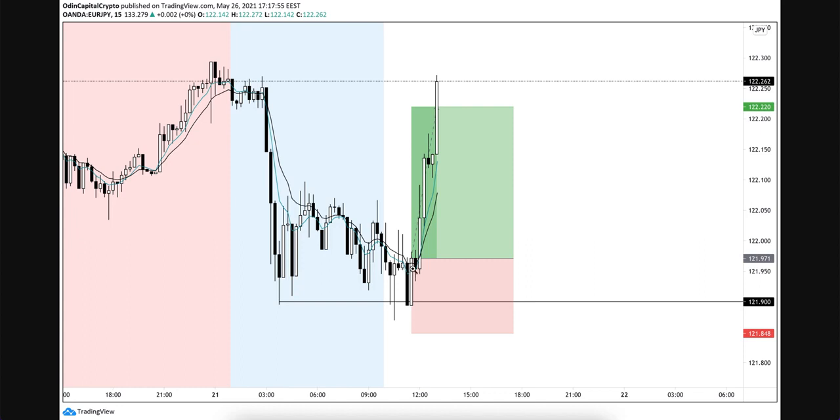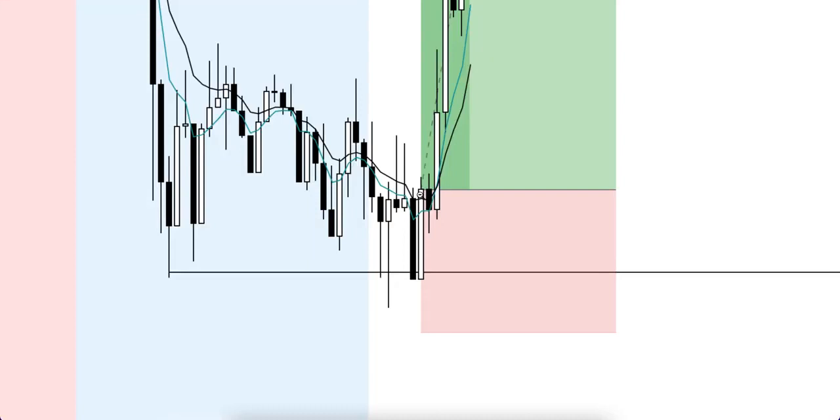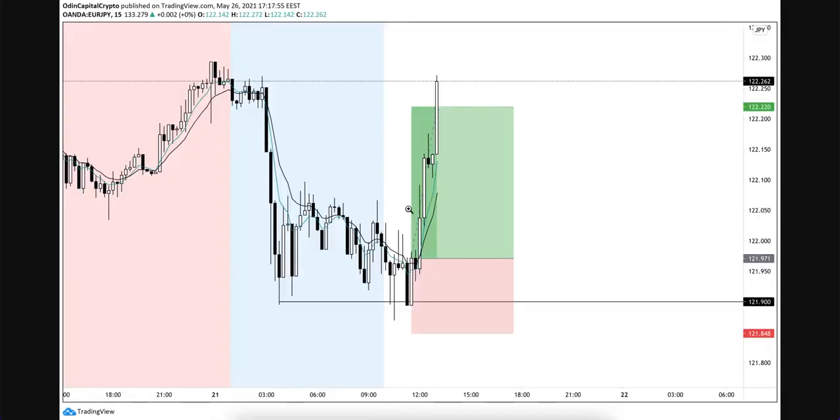So at this point, this nice big white candle closed above both of the EMAs with a nice strong bullish body, and we also rejected the session low once again. So this was a very nicely given long opportunity.